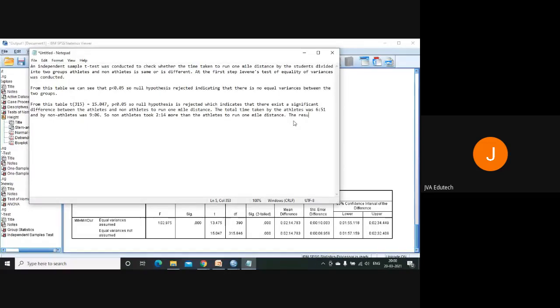Now calculate the effect size. Let's calculate the effect size.